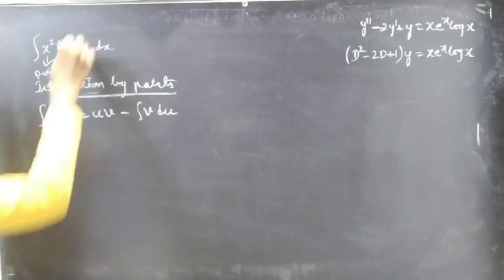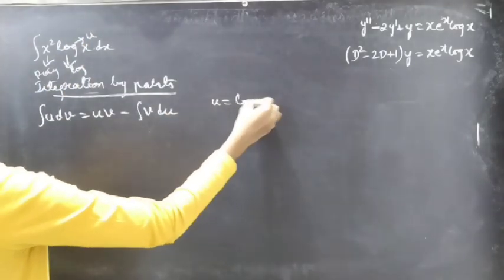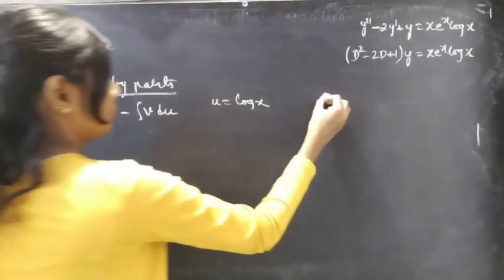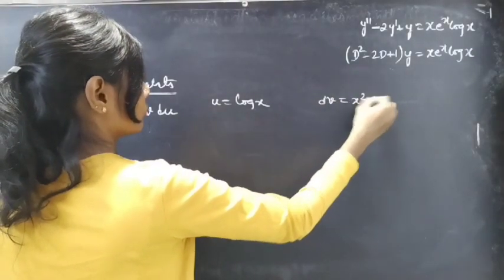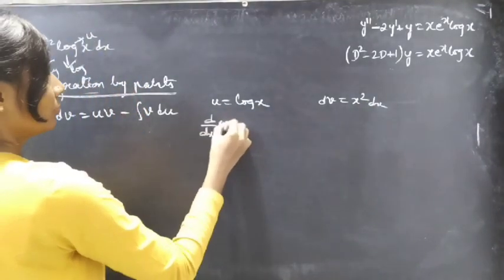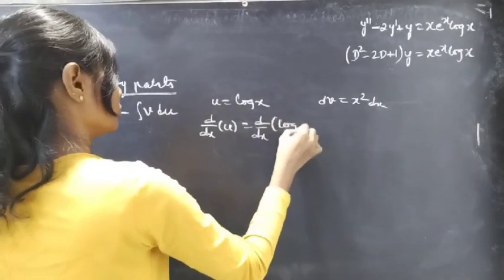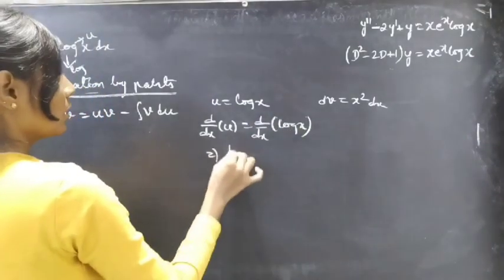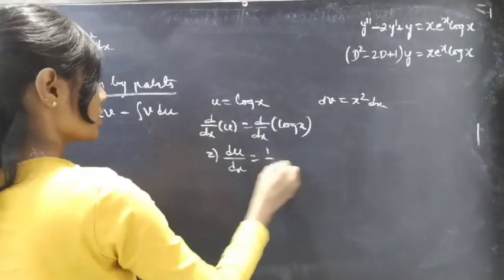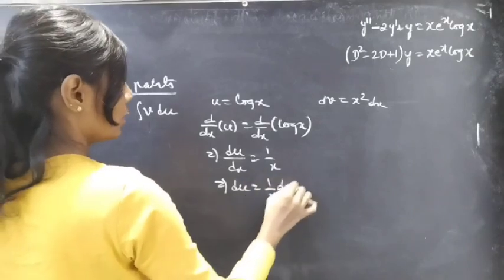Consider the logarithmic function as u and the remaining part x square dx as dv. Differentiate on both sides with respect to x. We'll get derivative of u with respect to x equals derivative of log x with respect to x, which is 1 by x. From this we'll get du equals 1 by x dx, right?